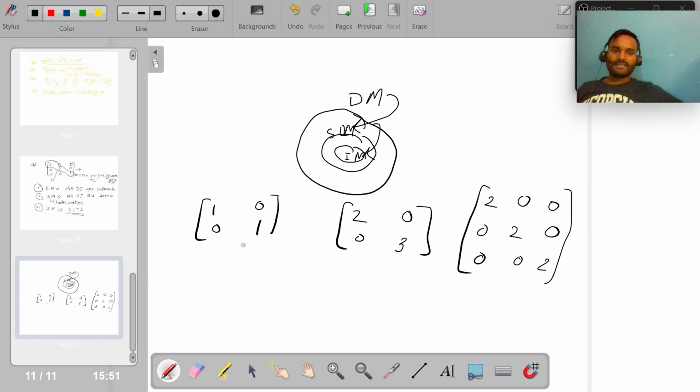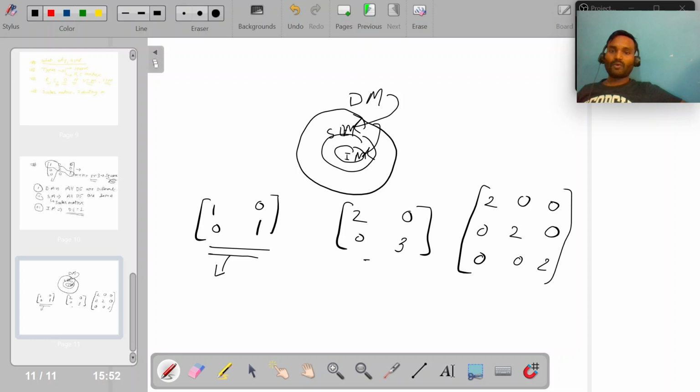Here the first is the identity matrix, and it is also a diagonal matrix and a scalar matrix, because the diagonal elements are the same.